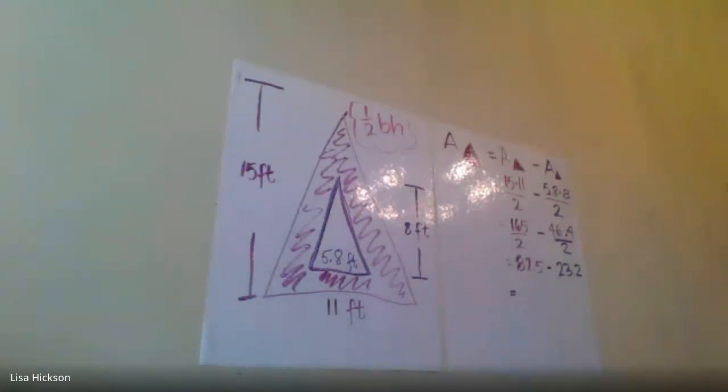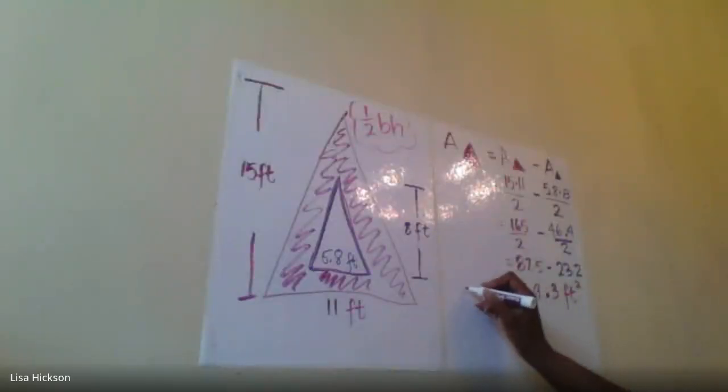All right, and when we subtract, 5 take away 2. 12 take away 3. 7 take away 2. Did you get 59.3? Yeah. Feet squared. Absolutely.